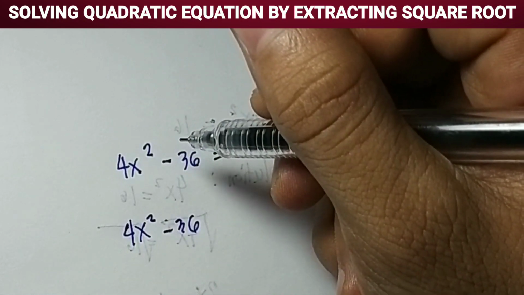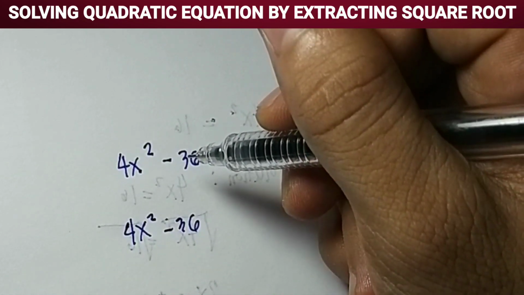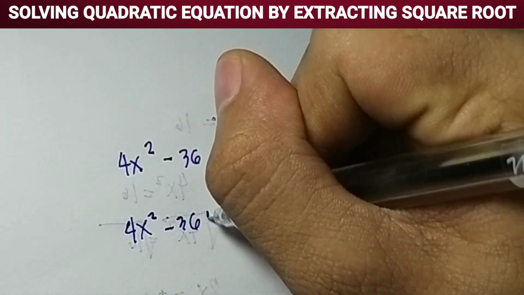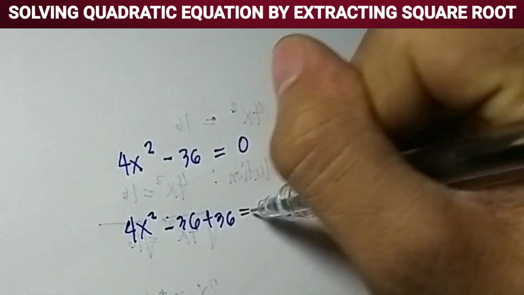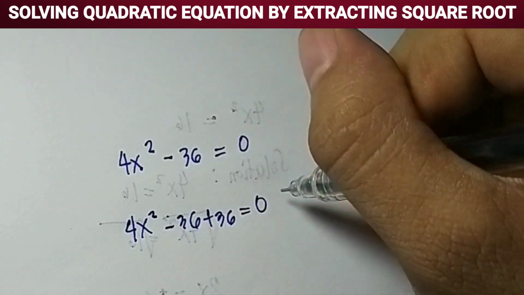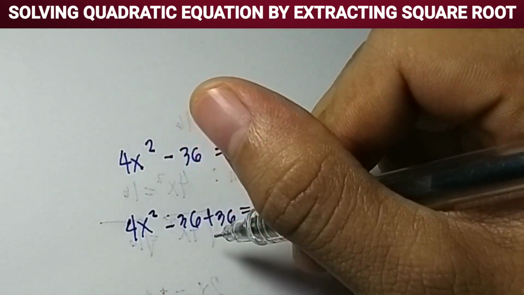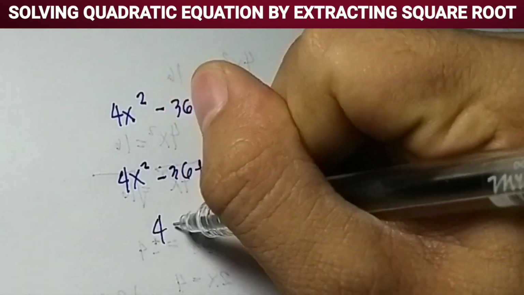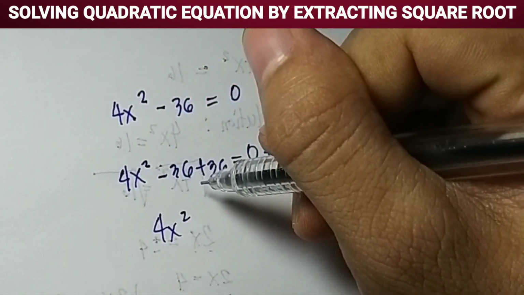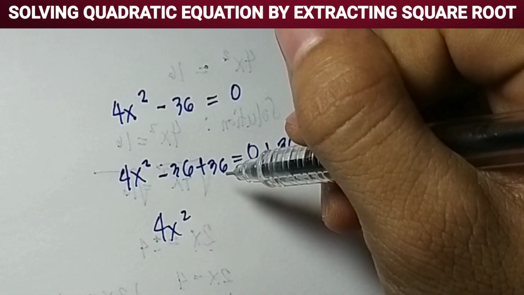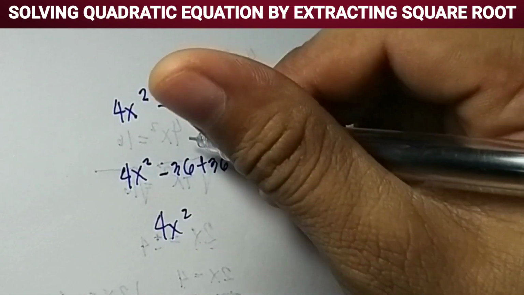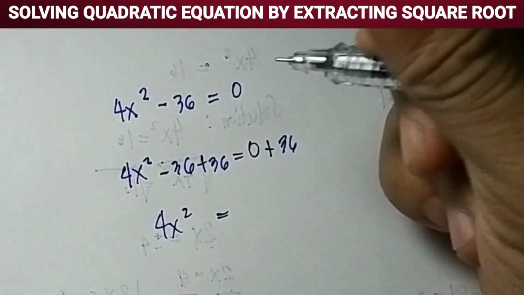So unsay inverse sa negative 36? Inverse, kabaliktaran. So kabaliktaran sa negative 36, that is positive 36. So karon we have 4x squared. Ang negative 36 plus 36, that is 0. So ang nabilin diri, 4x squared na lang.